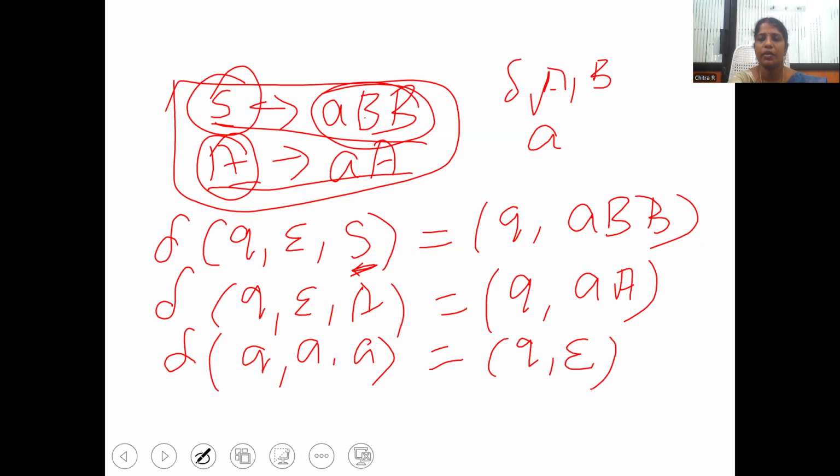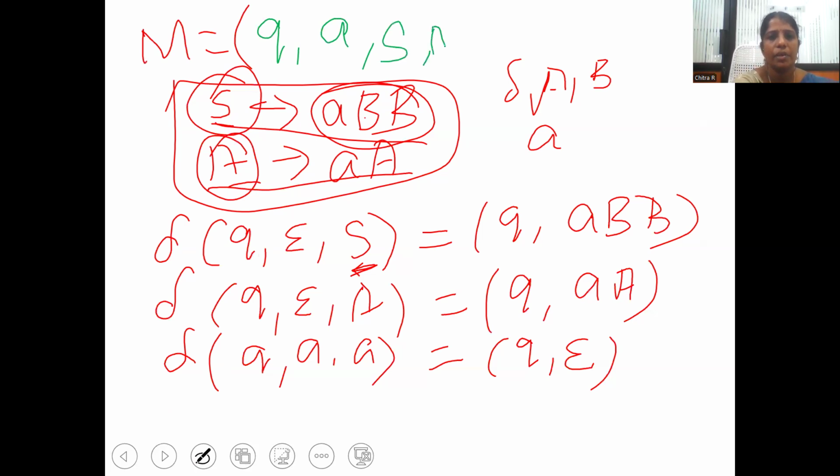We can convert the given context-free grammar into a pushdown automaton with the empty stack. Now we can define the pushdown automaton. What are the states? There is only one state, q. Then the input symbols. What are the input symbols here? The terminals are the input symbols. Here there is only one terminal. And the stack symbols are the variables as well as the terminal. Here what are the variables?